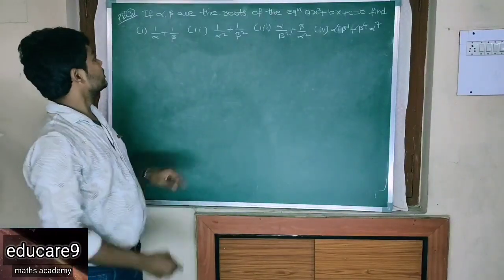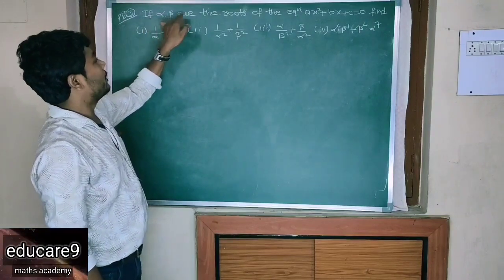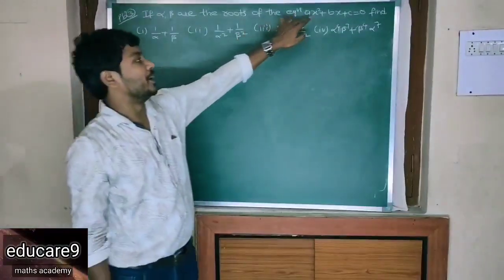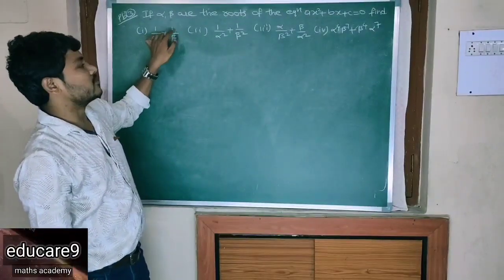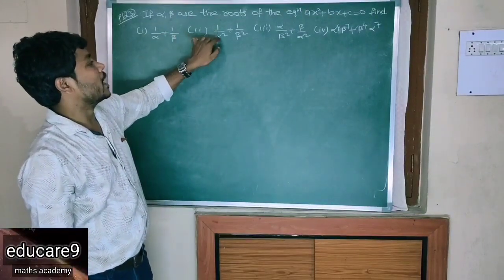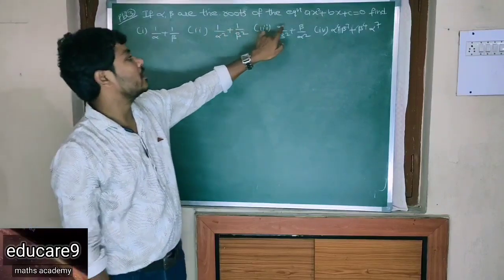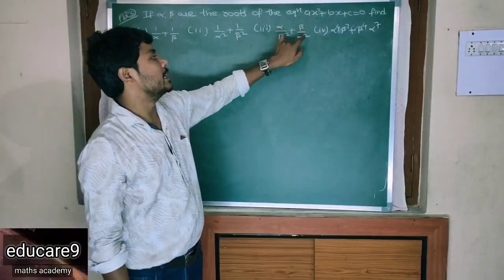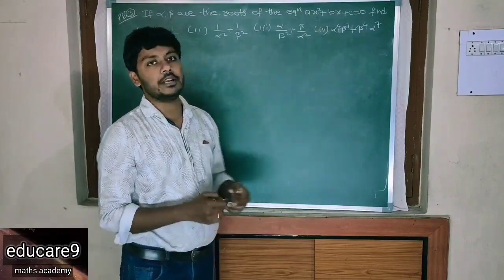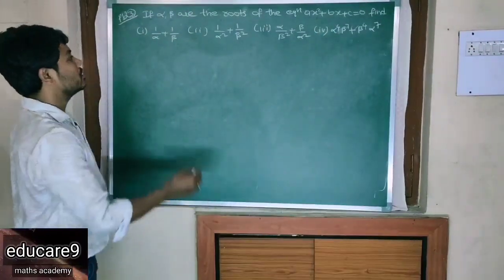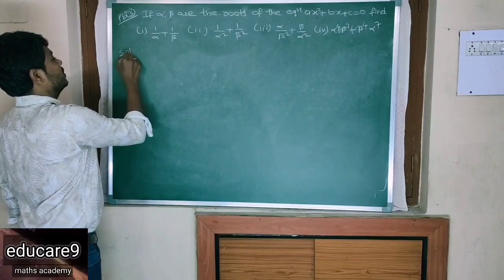So next question. If alpha comma beta are the roots of a quadratic equation, then find 1 by alpha plus 1 by beta, 1 by alpha square plus 1 by beta square, alpha by beta square plus beta by alpha square, alpha power 4 beta power 7 plus beta power 4 alpha power 7. So solution.